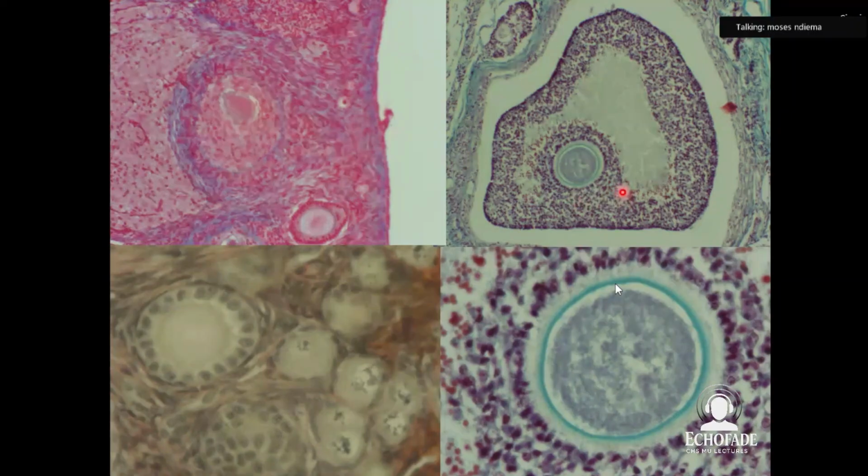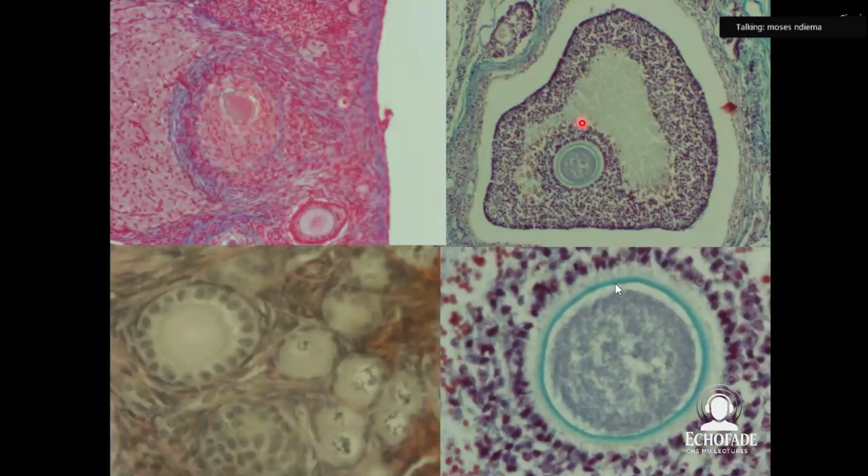This thin strand of granulosa cells attaching the oocyte to the outer layer of granulosa cells we refer to as cumulus oophorus. And the granulosa cells that surround the oocyte, forming something like a crown, we refer to as corona radiata.